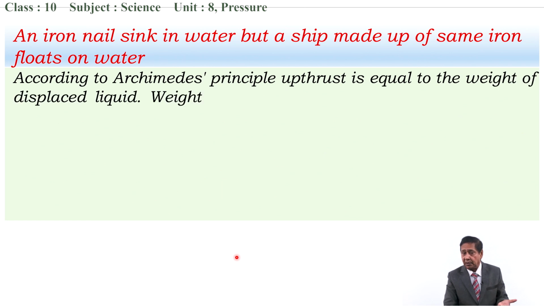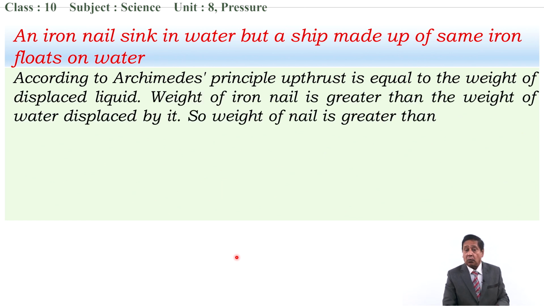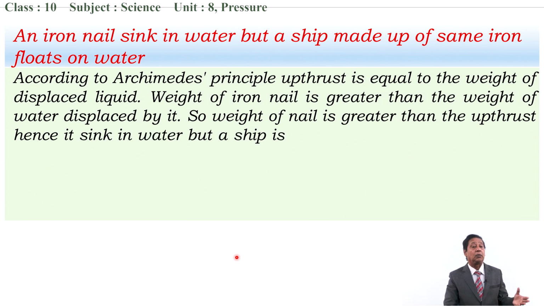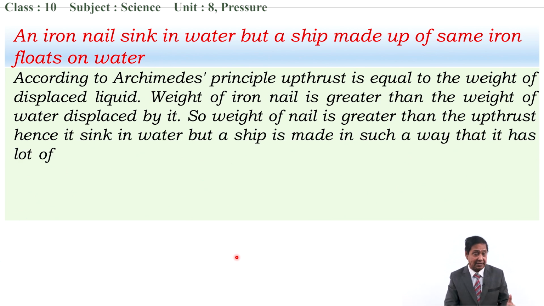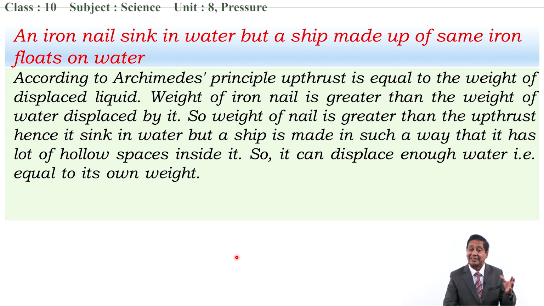It can be described very shortly like this. According to Archimedes' principle, upthrust is equal to the weight of displaced liquid. The weight of the iron nail is greater than the weight of water displaced by it. So the weight of the nail is greater than the upthrust, hence it sinks in water.